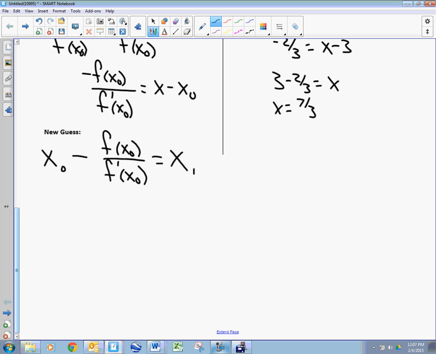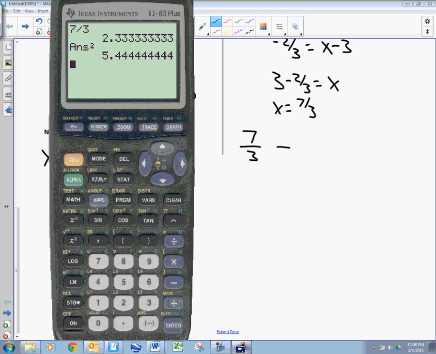Watch how quickly I can make this work. Our first guess in this problem was 3. Our second guess will be 7/3. So all I do is 7/3 minus, let's figure out what f of 7/3 is. Where do I plug 7/3 into? So I take 7 divided by 3 and I square it, and I minus 5.